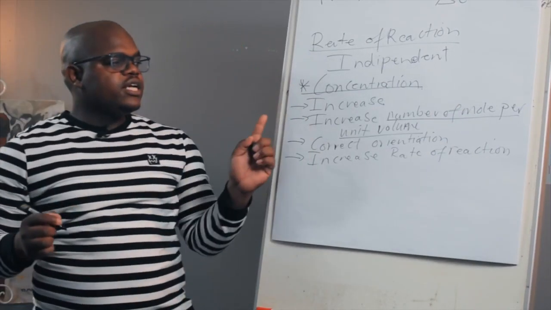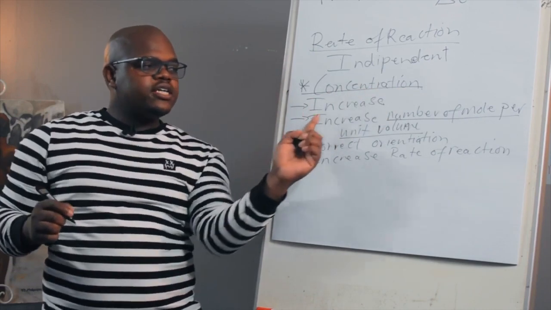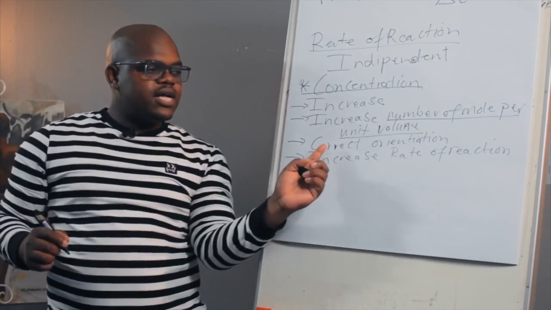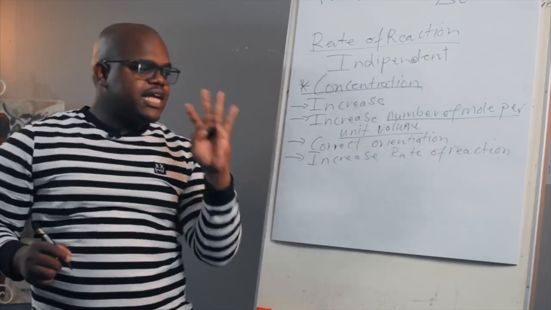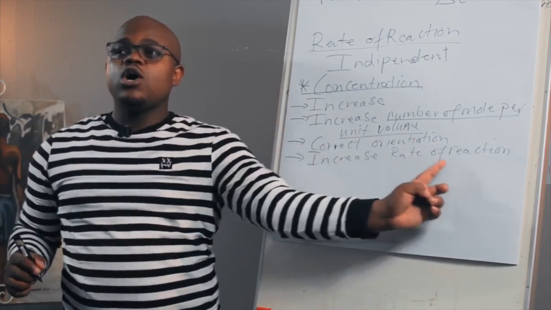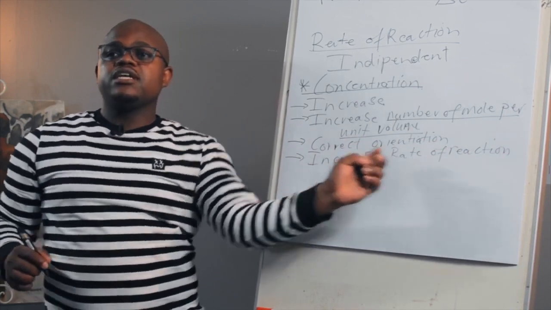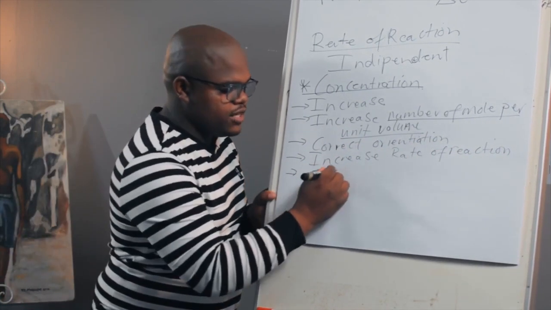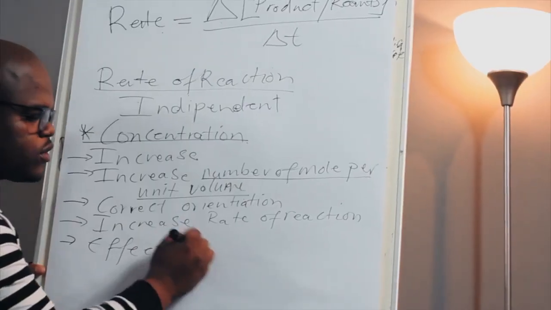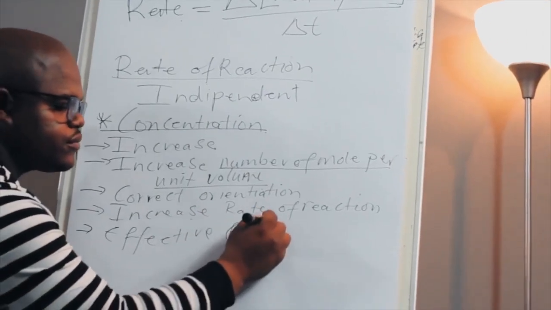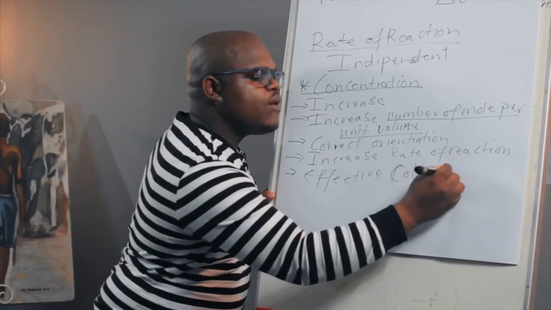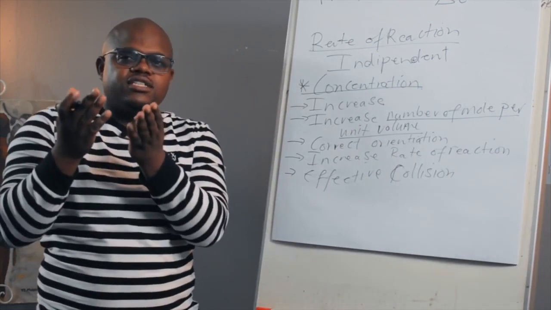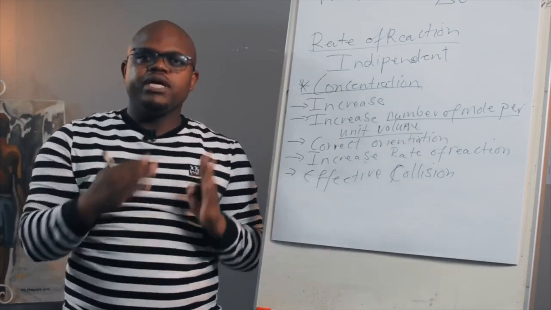Okay? Whenever we increase the concentration, we increase the number of moles per unit volume. 2, we increase the correct orientation. Then 3, we increase the rate of reaction. If we increase the rate of reaction, that means we have effective collision. So whenever concentration increases, the number of moles per unit volume increases.